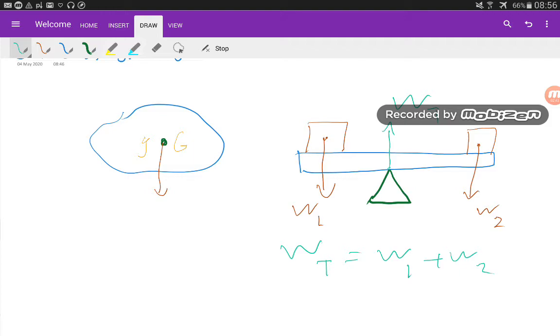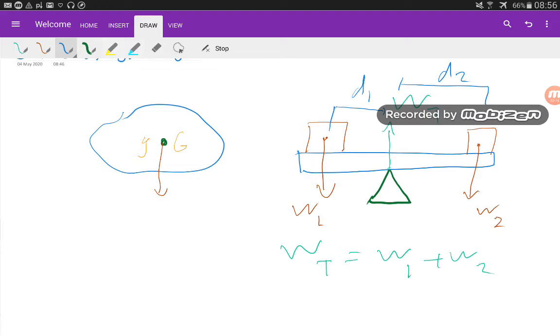This means this is the total weight. This calculation is easy, but where is the position of our center of gravity? Let's assume the distance between our first load and the center of gravity is D1, and the distance between load 2 and the center of gravity is D2.